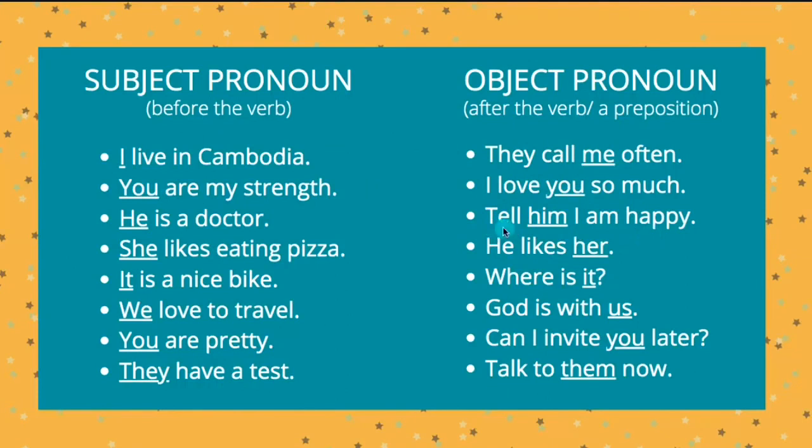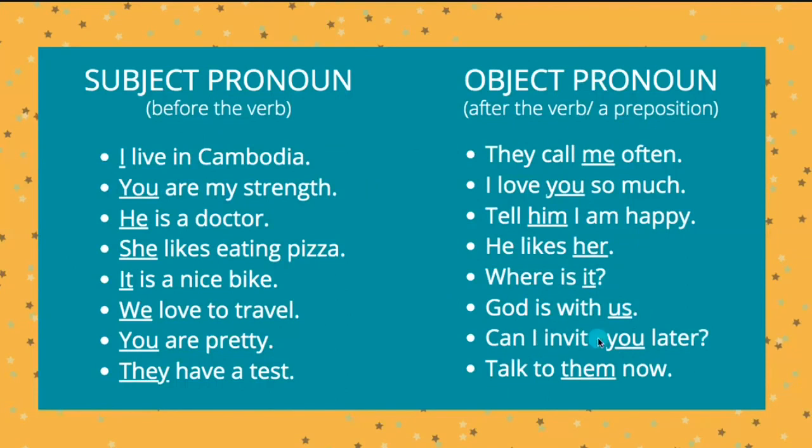Next, tell him I am happy. Tell is the verb, so him is the object pronoun. Next, he likes her. Likes is the verb. Her is an object pronoun. Where is it? Is the verb. It is the object pronoun. God is with us. With is a preposition, and the object pronoun is us. And then, can I invite you later? Invite is the verb.